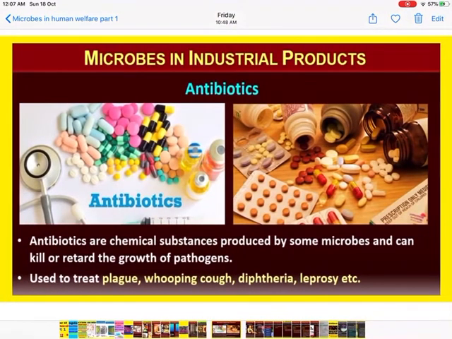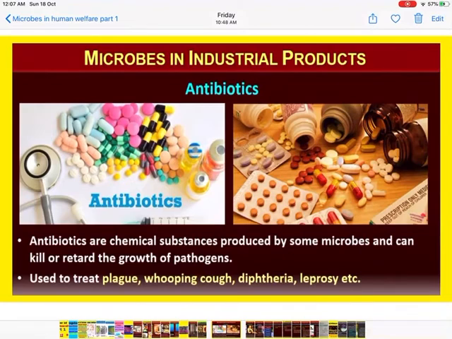Come to the antibiotics. What are antibiotics? Anti means against, biotic means life. Antibiotics are the chemicals produced by some microbes. Some microorganisms make antibiotics, some chemicals, and we use these chemicals to kill other harmful pathogenic microbes, to stop their growth.